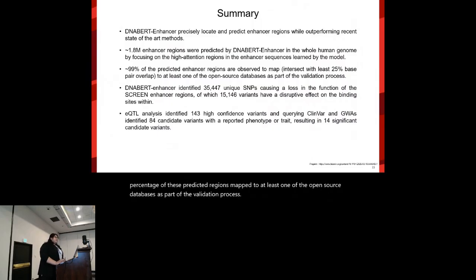And it also identified around 35,000 unique candidate SNPs which cause a loss of function in these enhancer regions, out of which 15 of them have a disruptive effect on their binding sites. And further analysis with eQTL, ClinVar, and GWAS also identified some significant candidate variants.